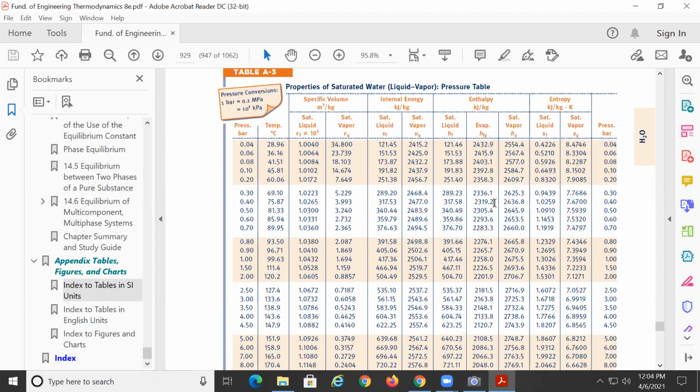So you get H1 equal to H fluid, or H liquid, equal to 384.18. Is that what you said? 384.18. Okay, 384.18.